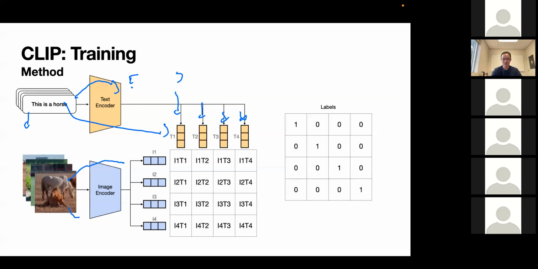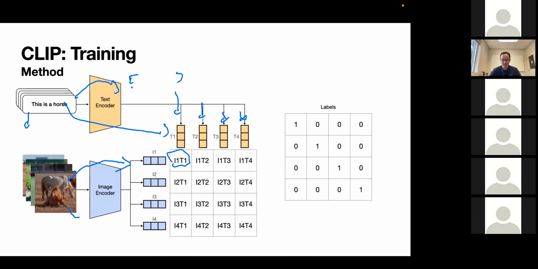For the image encoder part, each picture will also go through the image encoder and become 1 vector. The vector I1 represents the image of the horse. For the prediction, it will use vector multiplication to get a cosine similarity score to indicate how well the image vectors pair with the text vectors.